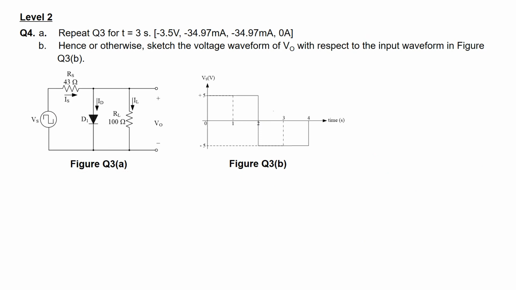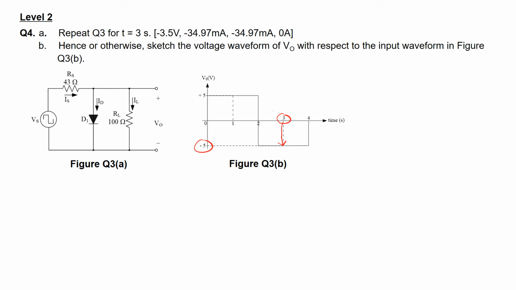Next, I'm going to repeat for this question 4 here. So we are supposed to repeat question 3 for a time of 3 seconds. At a time of 3 seconds, which is here, as you can see, the voltage Vs will be equal to -5. First thing is we need to find out whether the diode D1 here is forward or reverse bias.